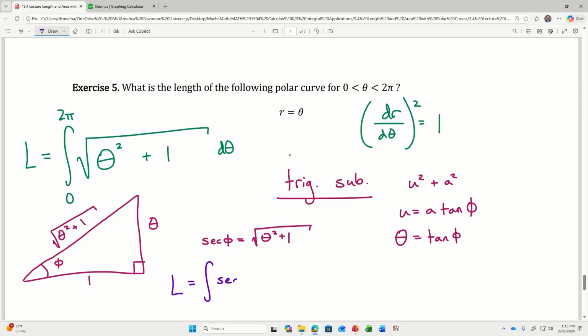Secant phi. But I need to figure out a way to convert the d theta into phi's, like a d phi. And so the derivative of theta with respect to phi is secant squared phi. So I can replace the d theta with secant squared phi d phi.